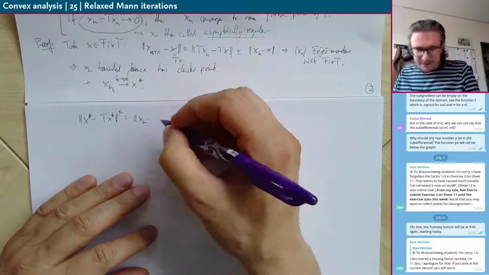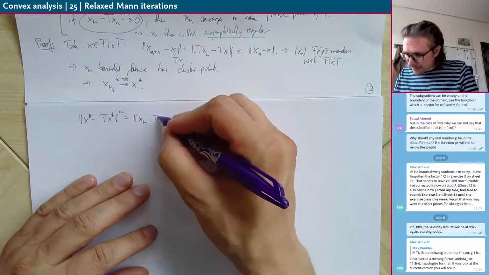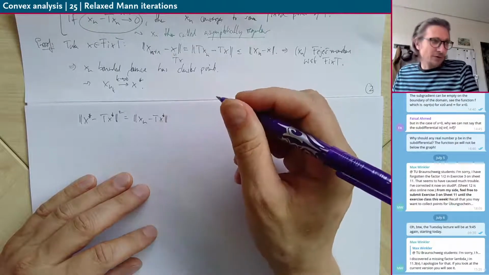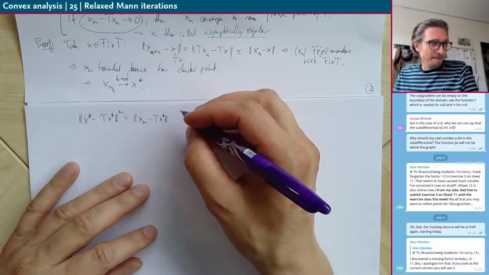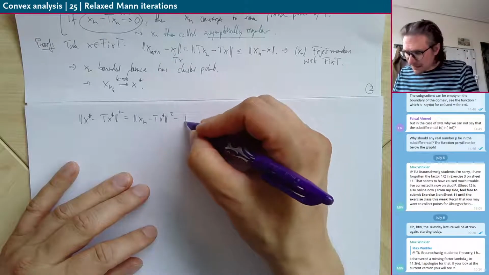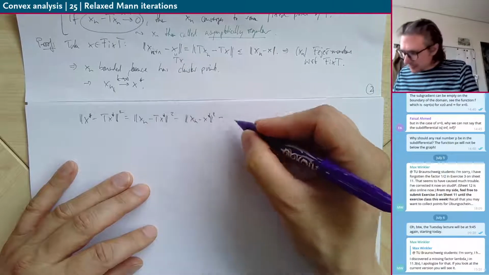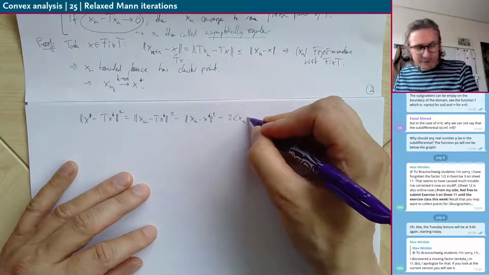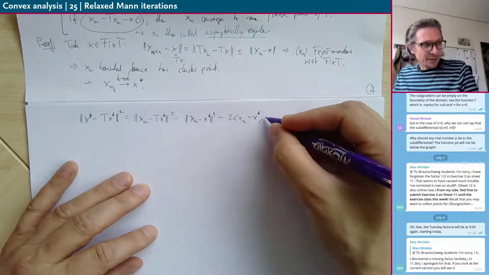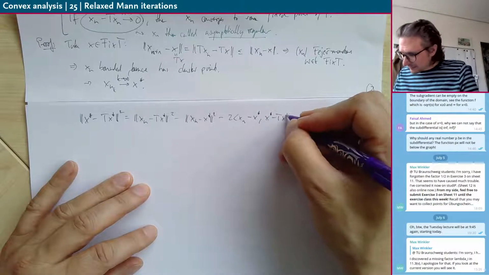So it's equal to the norm of x_n minus T of x star, squared, minus the norm of x_n minus x star, squared, minus 2 times the inner product of x_n minus x star and x star minus T of x star.